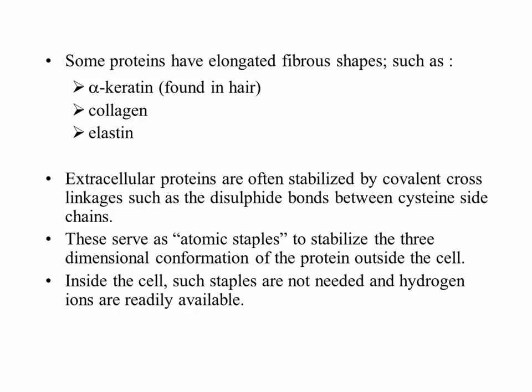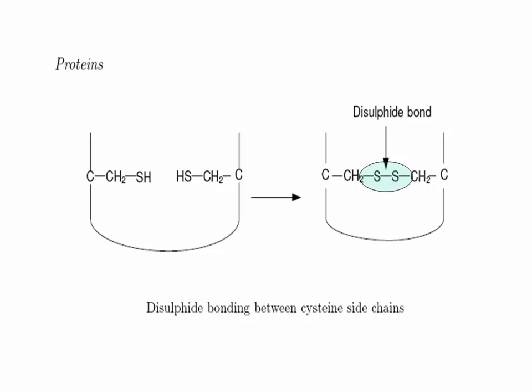So let's look at the picture on the next slide. If you're looking at a cysteine side chain, that's what you have in the picture on the left. There are two cysteine side chains, so you have sulfur and you have hydrogen. Now in the aqueous environment of the cell, there is an excess of hydrogen, so the structure will be what you see on the left.